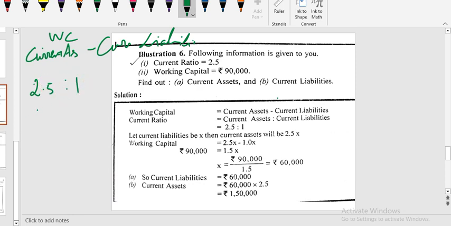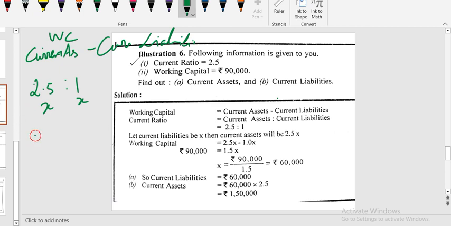Now current liability we have to calculate. We assume that current liability is X. So in this formula, current assets is 2.5x and current liability is 1x.